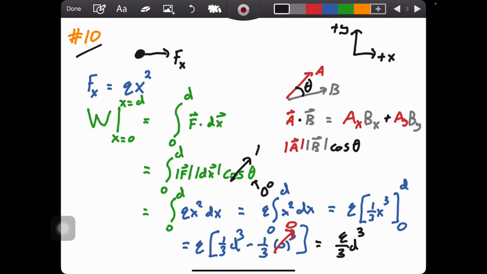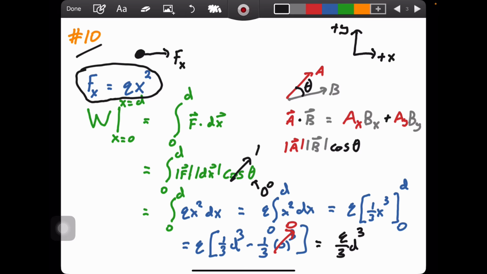And that is going to be the answer for the expression that involves a distance d and some coefficient q that describes the work done by some variable force F that happens to be in the x direction and is parallel to the direction of the displacement. So just to review, if we've got an expression for our force as a function of position, then we can insert that into an integral.